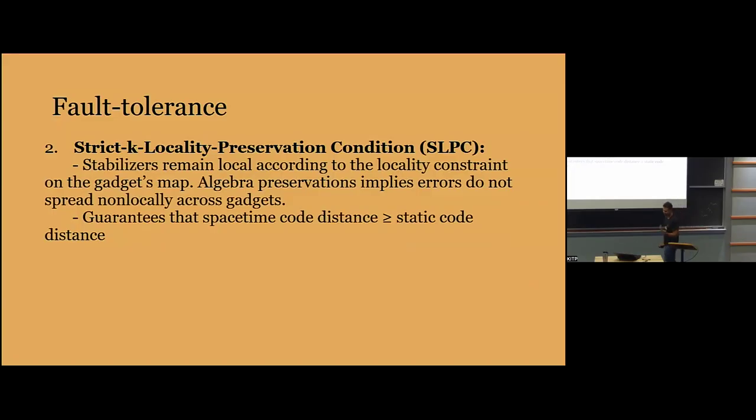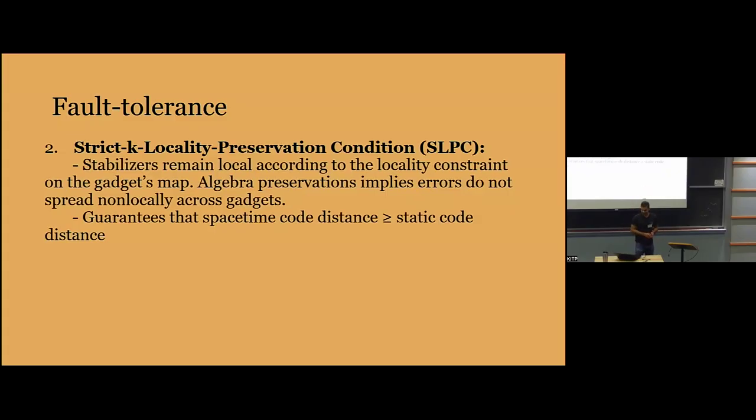And so here, as you saw, the gadgets in my construction for the toric code were mapping the Pauli operators onto the legs connecting to the nearest gadgets. In principle, you could have such legs connecting to faraway gadgets, and then you can consider maps onto those legs connecting to faraway gadgets, but we don't allow that kind of possibility. And so that's what we call a strict locality preservation condition.